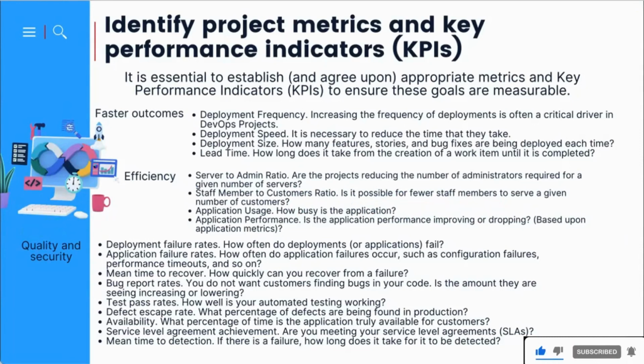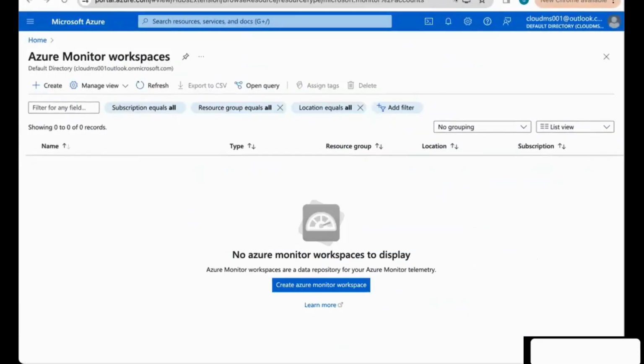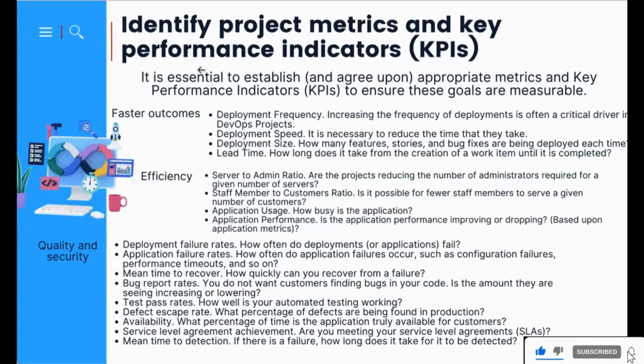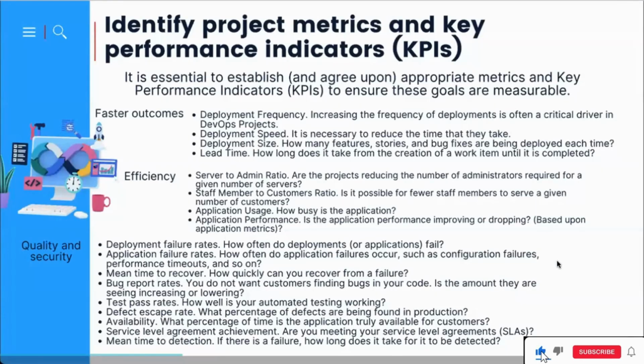Quality and security, that is very important basically. Whenever we are going with this, we have to think about it. So this is what we have to do, and we also have to check the quality and security.